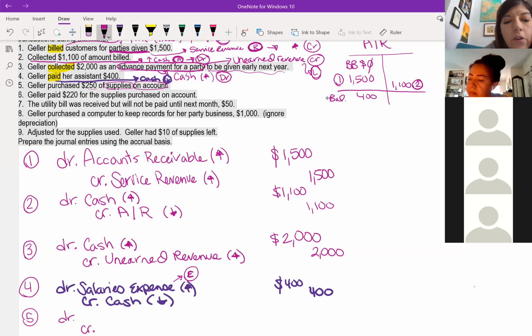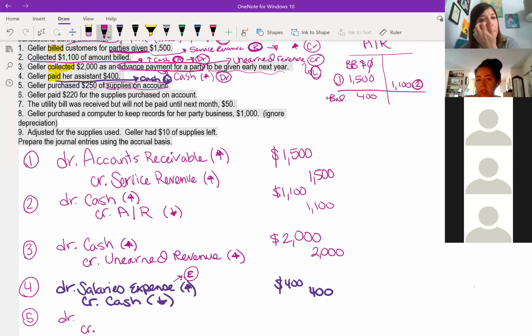And did the asset increase or decrease? Increased for 250. We now have supplies available to be used in the future. And accounts payable is what type of an account? A liability. And the liability is increasing. We now have an amount owed to our vendor.